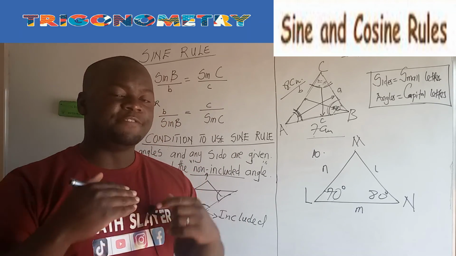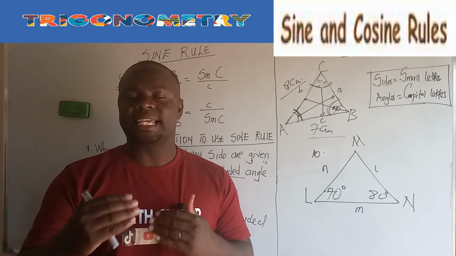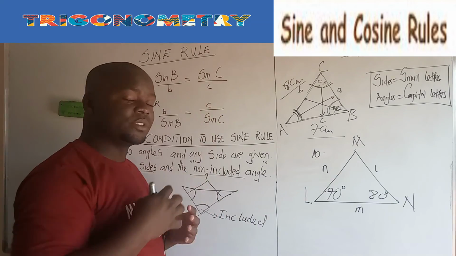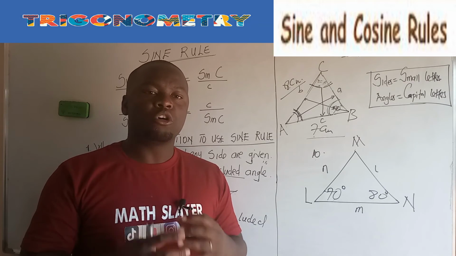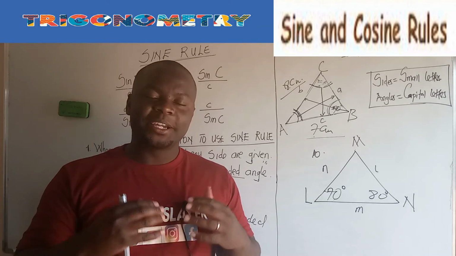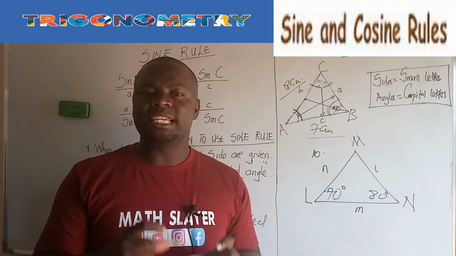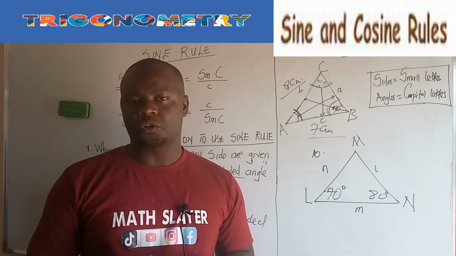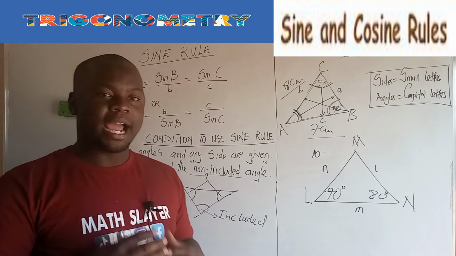This concept is very important before you even start your calculation under Section B, Mathematics Paper 2, as far as trigonometry is concerned, because you need to know if you're going to use sine rule but not cosine rule. You need to appreciate that the triangle given in this question, I'm going to use a sine rule but not a cosine rule, taking into consideration the condition that I've highlighted.